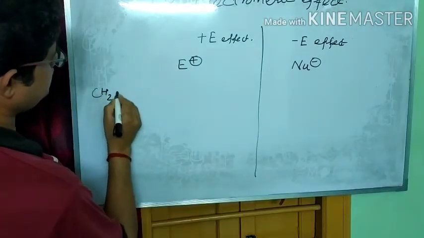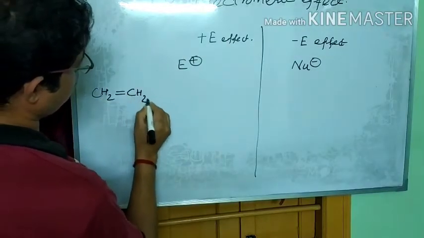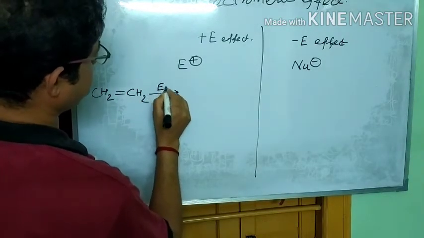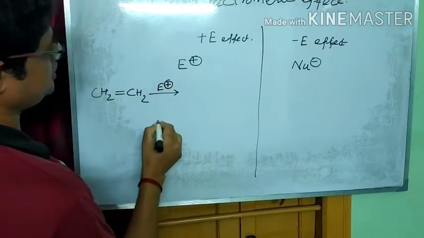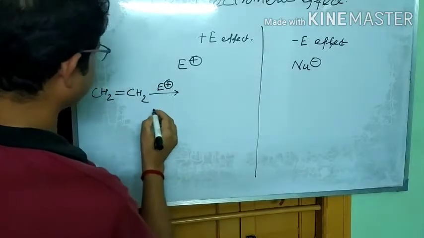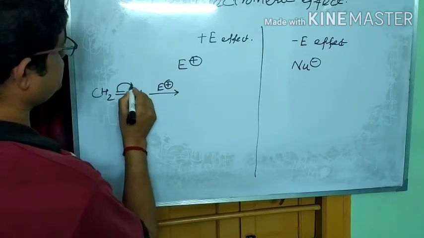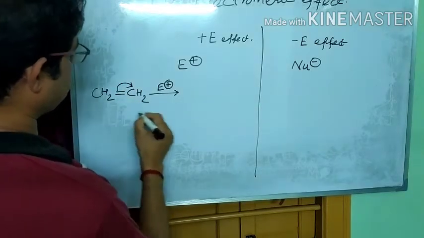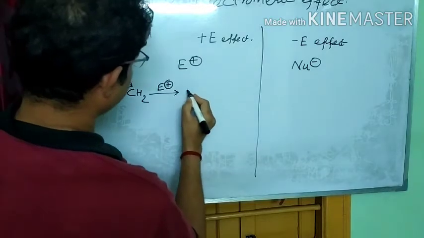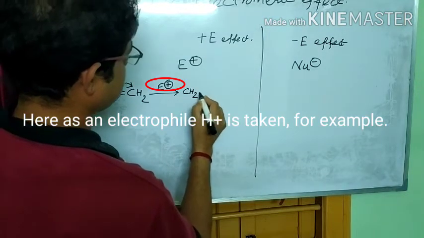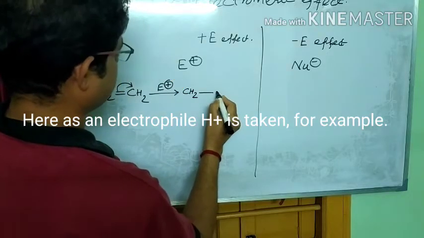Here it is ethylene. Reagent must be electrophile here. What happens? This pi electron shifts to this carbon. Now what happens? CH2, CH2.